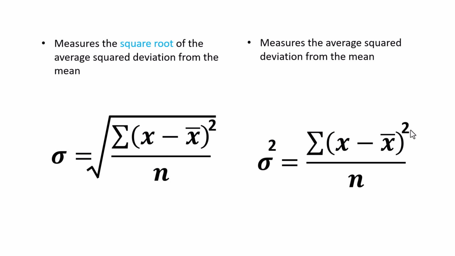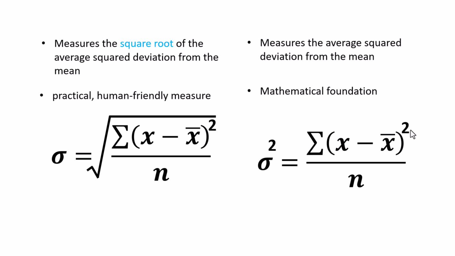Now you are back in the original unit, for instance meters, dollars, exam points, much easier to interpret. In short, variance is the mathematical foundation, standard deviation is the practical, human-friendly measure. Think of variance as the blueprint, standard deviation is the finished building, ready to be understood and used.